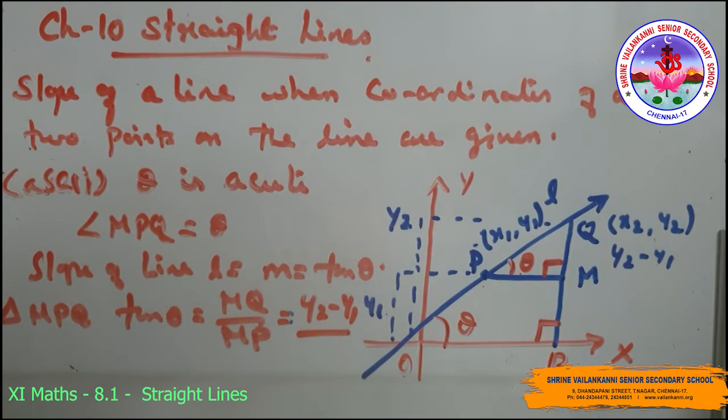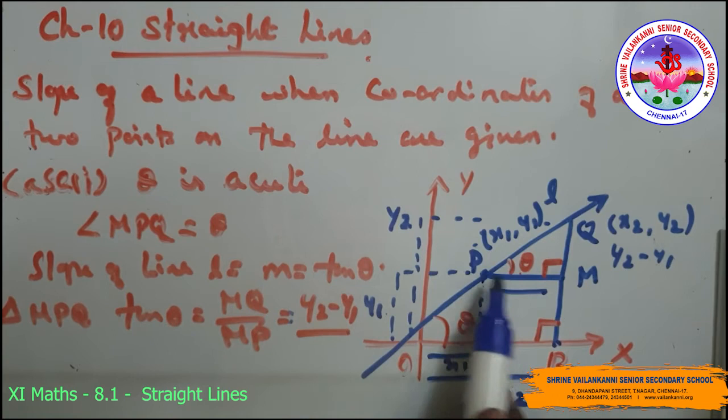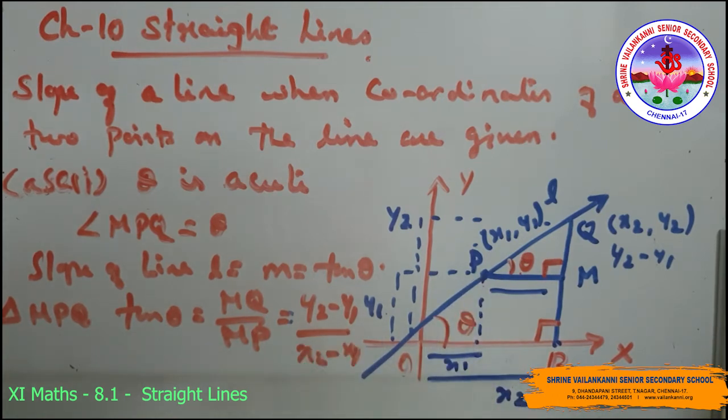And MP: the total distance is x2 and this distance is x1. When we subtract this, we get this distance. So x2 minus x1. So we get MP as x2 minus x1.